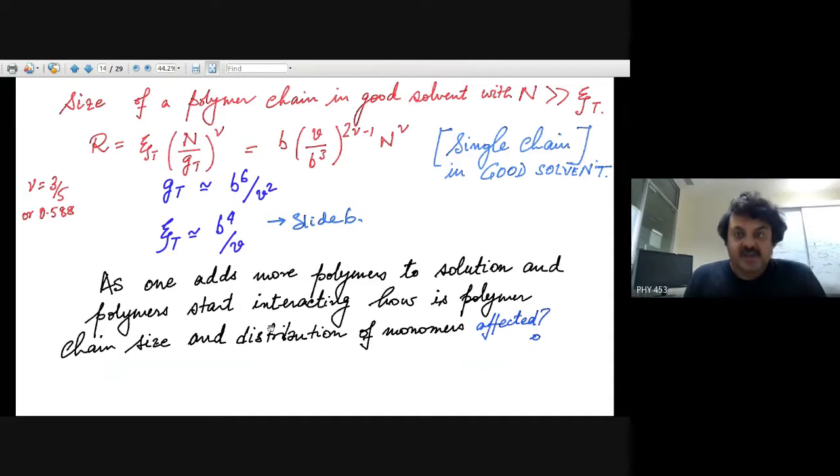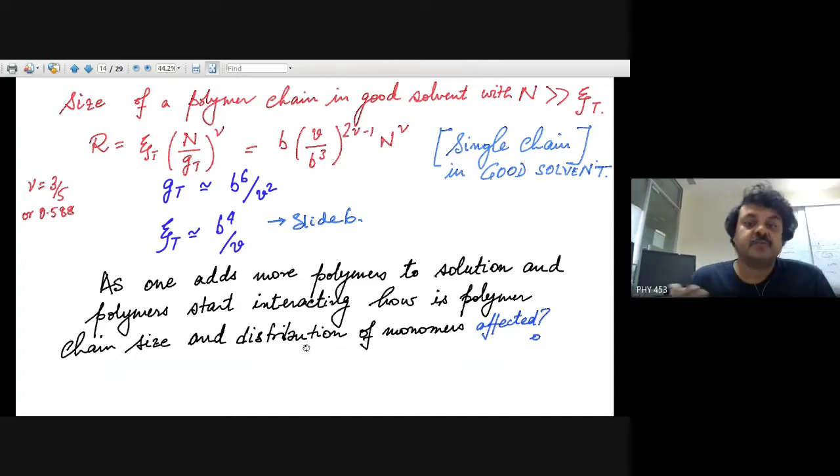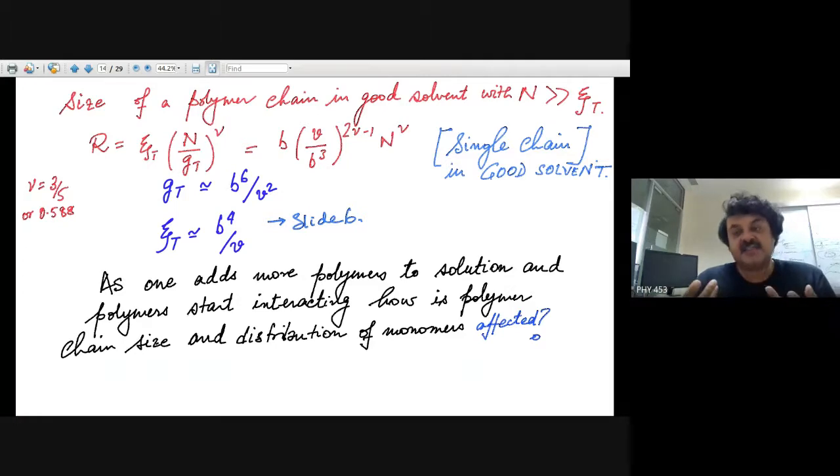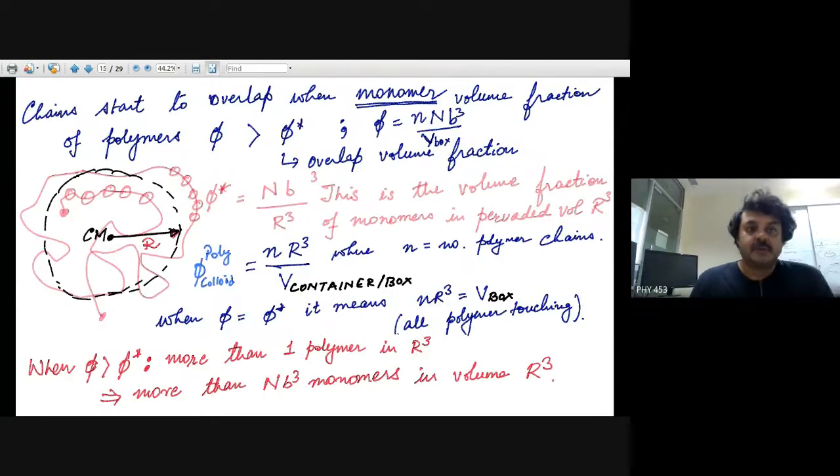How is the polymer chain size and the distribution of monomers of a single polymer, surrounded by other polymers, affected? Does interchain interaction affect the distribution of monomers in a polymer chain? That's the physics question, and for that we shall do the next analysis, which I'm going to present.